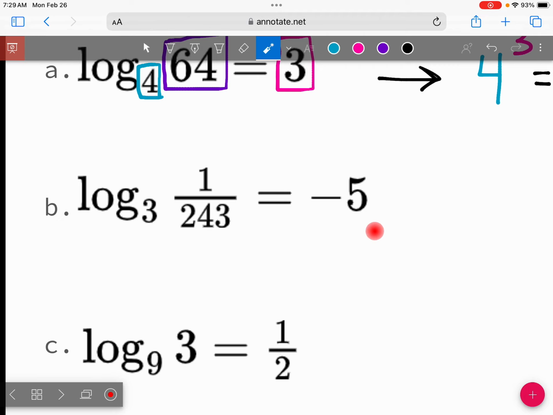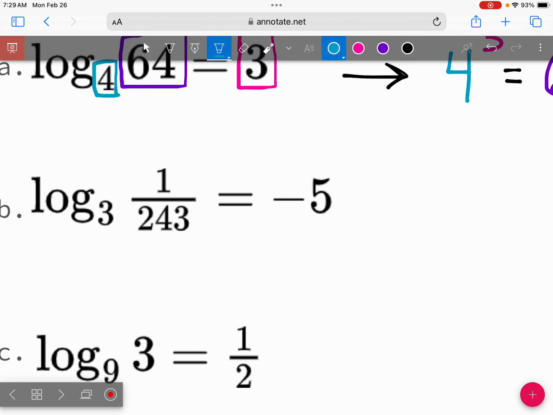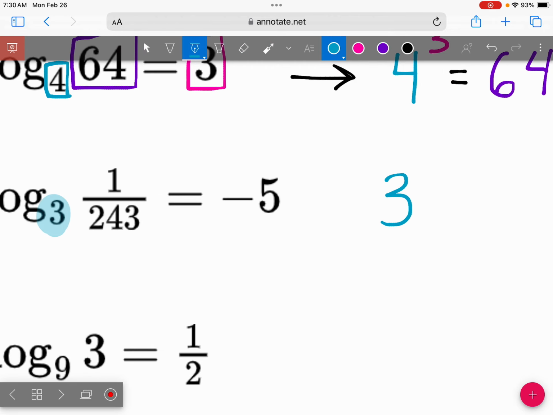So on this next one down here, what is our base? What is 3? So our 3 becomes the base of the exponent. What is the power going to be? Negative 5. It's this guy right here.